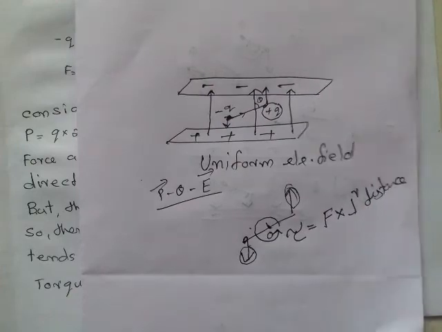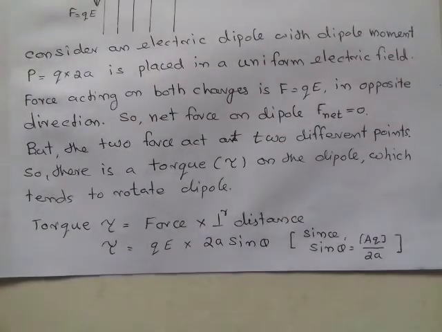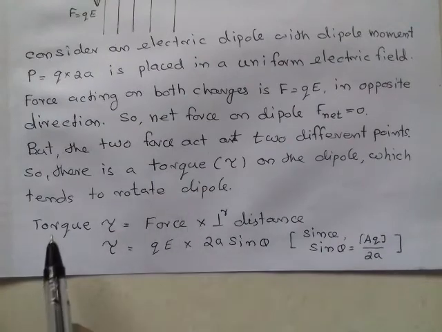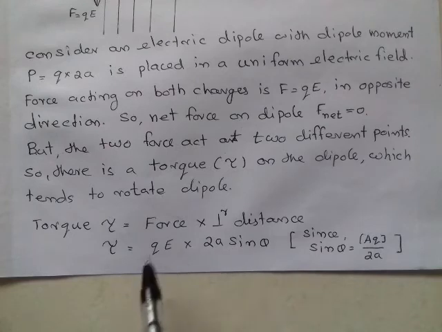So we are going to find out the torque acting on the dipole. Torque is equal to any one of the forces, which is qE, into the perpendicular distance, which is 2a sin theta.